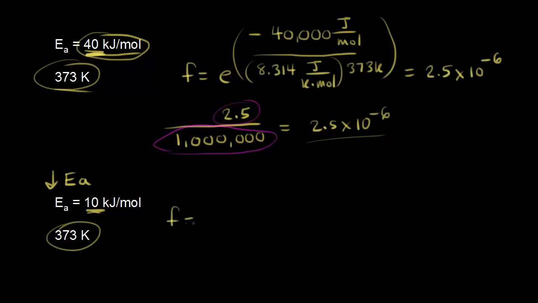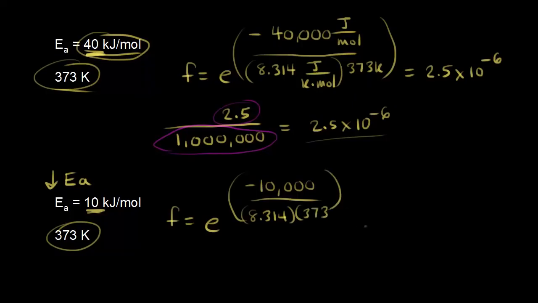So let's plug in for F this time. F is equal to e to the negative 10,000, since we've changed our activation energy, divided by 8.314 times 373.